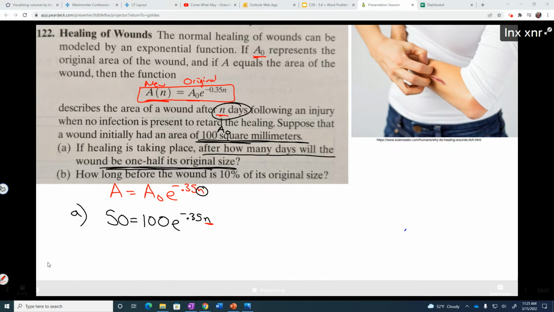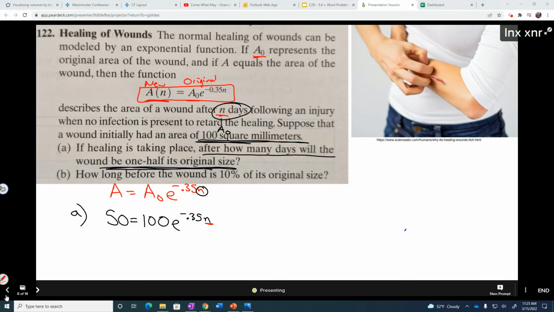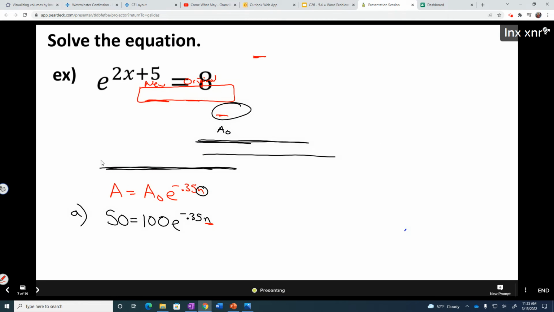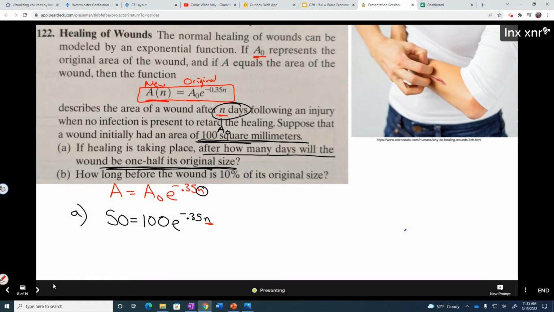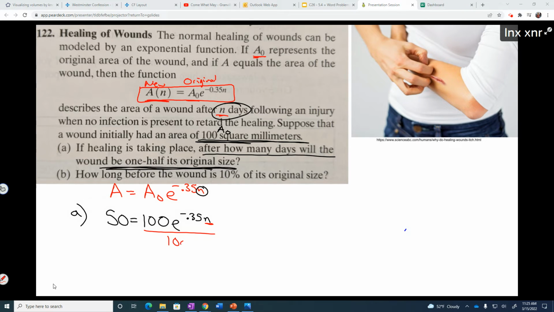So just like we did on this example, I actually wrote a 3 up there, but we're going to try to get the x by itself. So we first need to get the e by itself. So we're going to be dividing first. We're going to divide both sides by 100. So that way we can get the e there by itself.